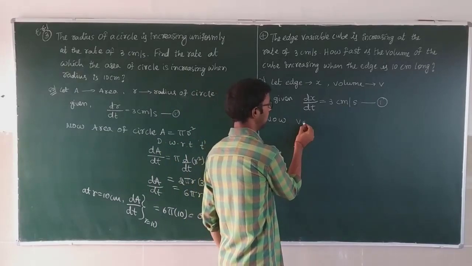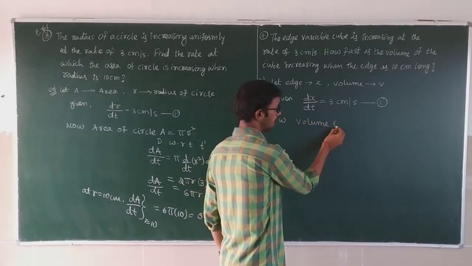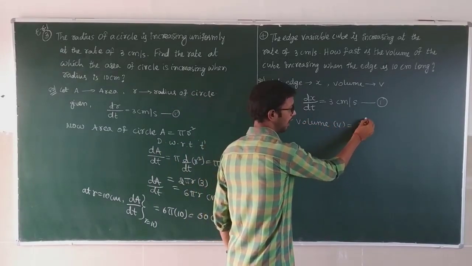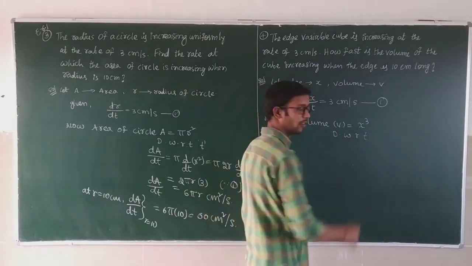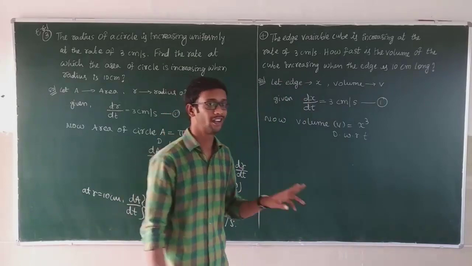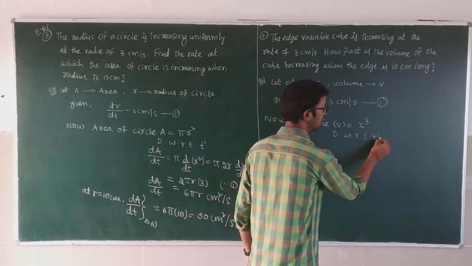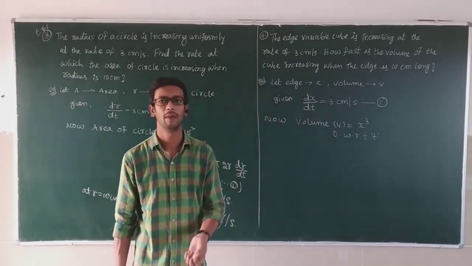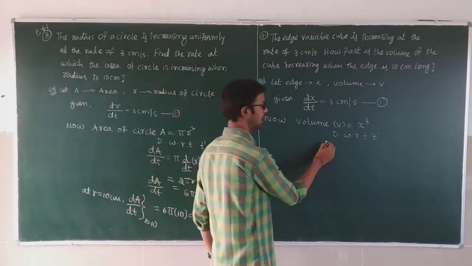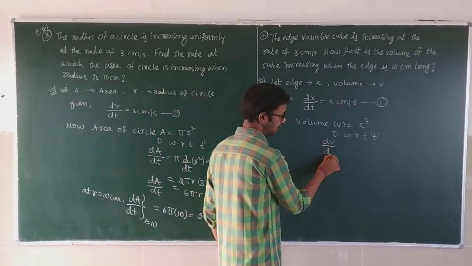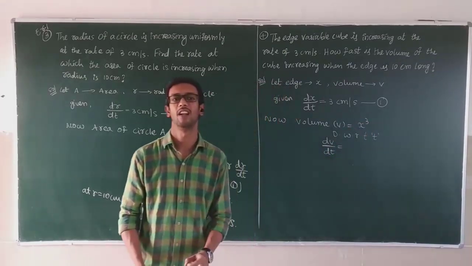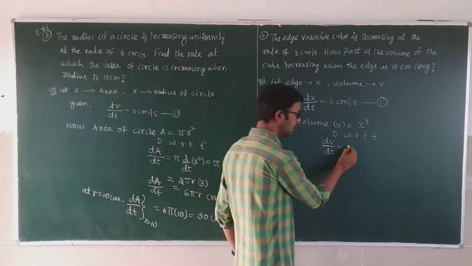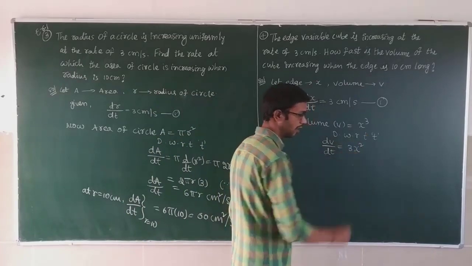Now the volume V is equal to x cube. Differentiate with respect to time. Why? Because it is given with respect to time. dv by dt is equal to the derivative of x cube, which is 3x square.